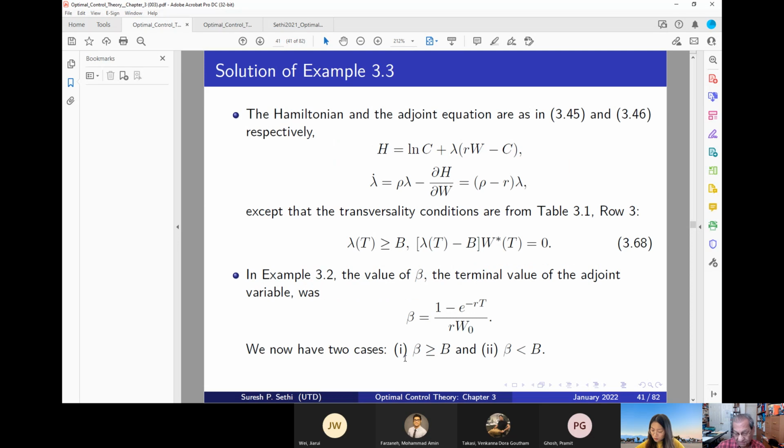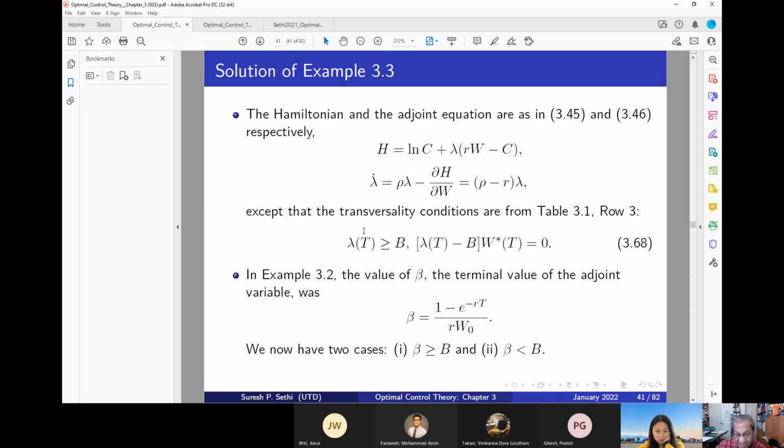So clearly, if beta is bigger than or equal to b, this is the beta. So if b is sufficiently small, by sufficiently small, we mean b is less than or equal to beta. Well, if b is less than or equal to beta, notice this condition is satisfied, because this says lambda t is bigger than or equal to b. And if lambda t is equal to beta, which was the previous problem, then beta being bigger than or equal to b, this condition is satisfied.